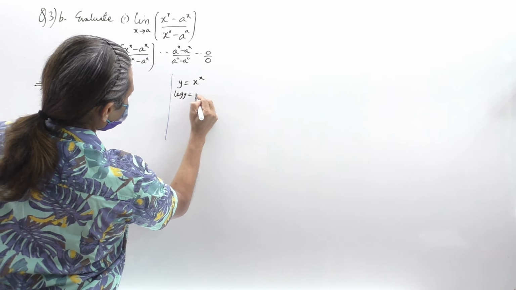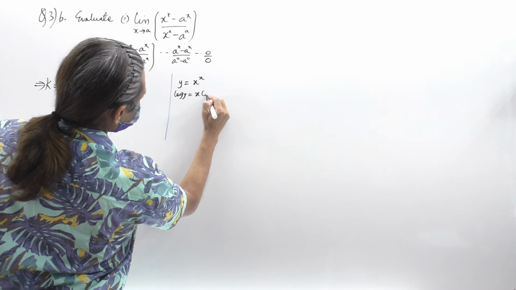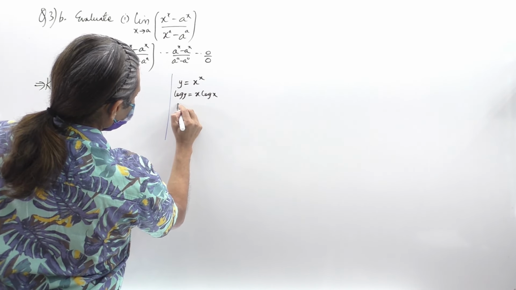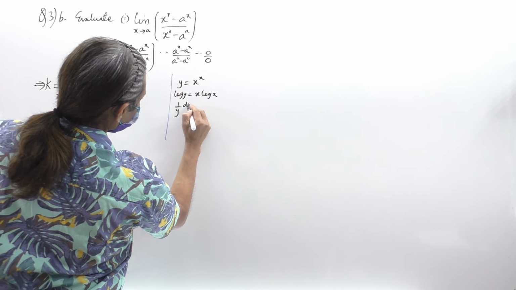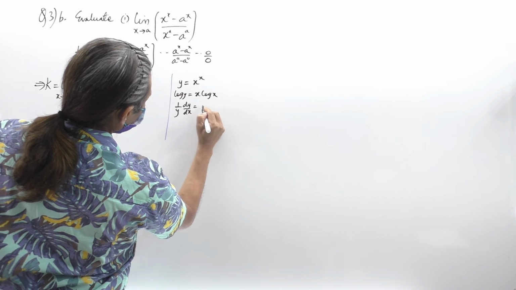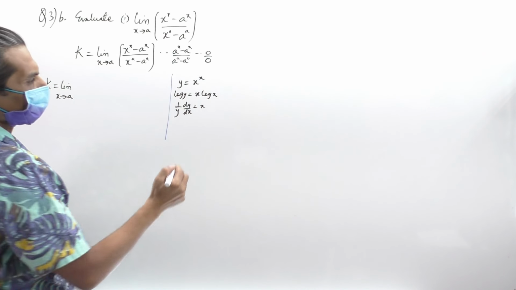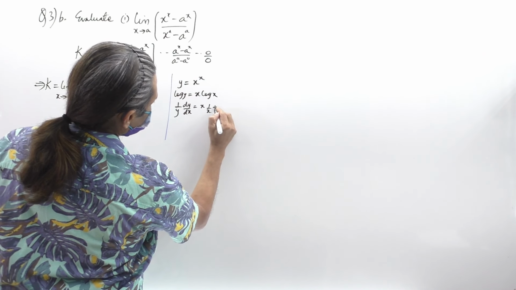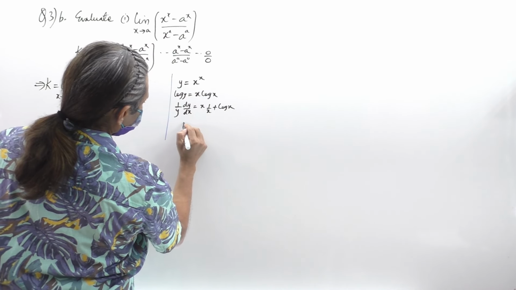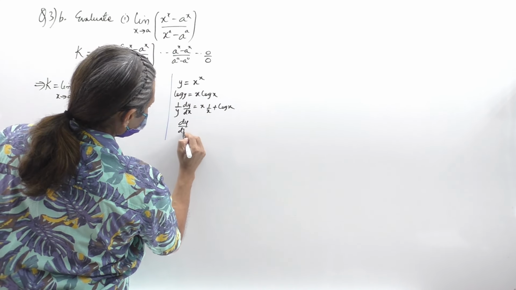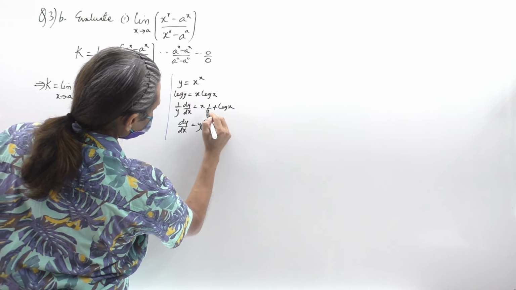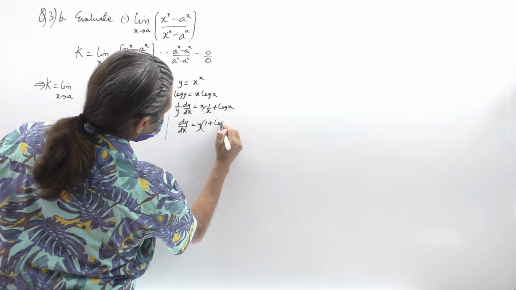Log y is equal to x log x. Now differentiate. Differentiating log y gives 1 by y dy by dx, and for x log x, this is product rule: x into 1 by x plus log x. That means dy by dx will be y into, x into 1 by x cancels, 1 plus log x.